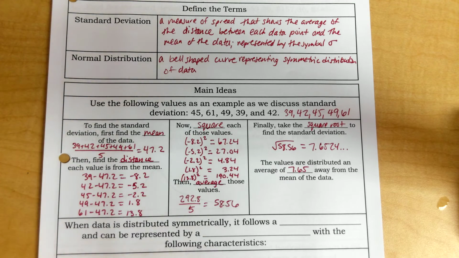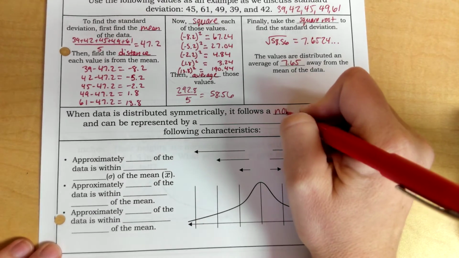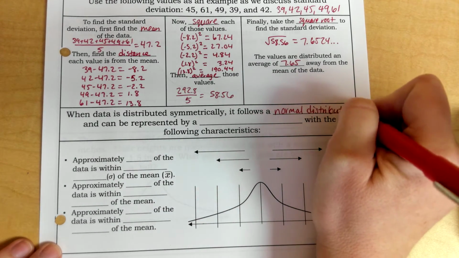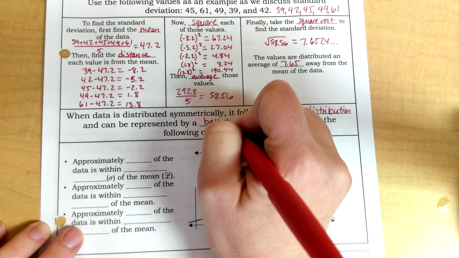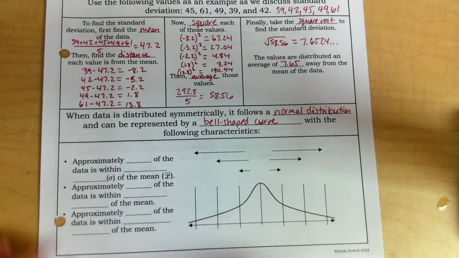Okay, now when data is distributed symmetrically, it's not always, we know sometimes it can be skewed left or right, but when data is distributed symmetrically, it follows what we call a normal distribution. And it can be represented by a bell-shaped curve that has some very specific characteristics.